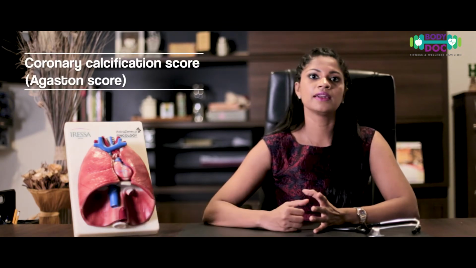Coronary calcium scoring, the Agatston score, is another important investigation. Coronary calcification occurs in the process of atherosclerosis, and it doesn't occur in normal vessels. So the coronary calcification score shows the amount, or burden, of plaque that is there with atherosclerosis.